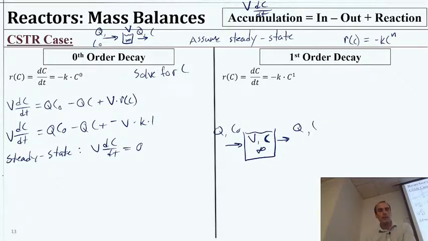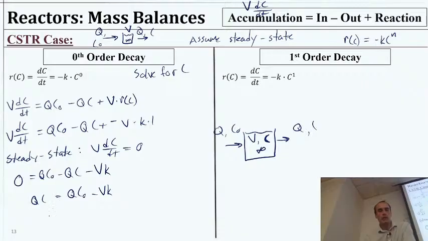But this means we can simplify and say 0 equals QC naught minus QC minus VK. We were tasked to solve for C, so we can add QC to both sides. We'll get QC equals QC naught minus VK.